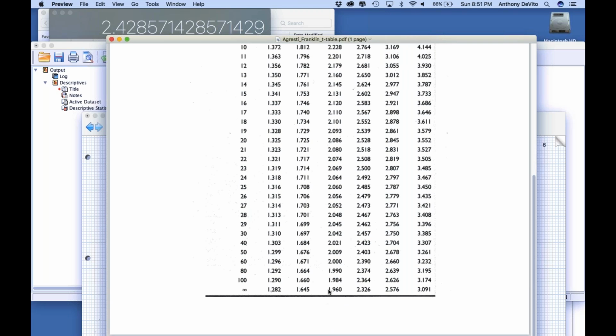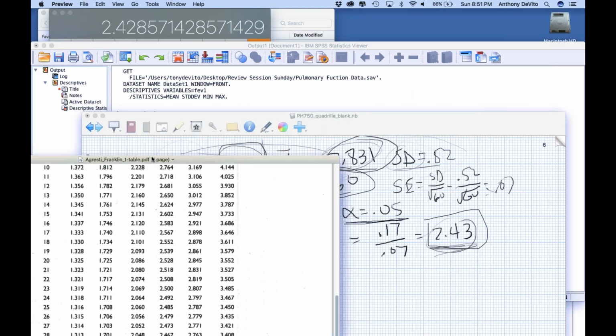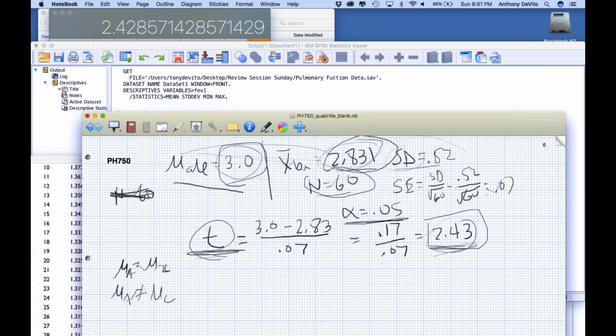It's a little bit bigger than the z-score, but it's such a big sample that it's really close anyway. So t critical, the t that would give us exactly a 5% chance of being wrong, is equal to 2.0.